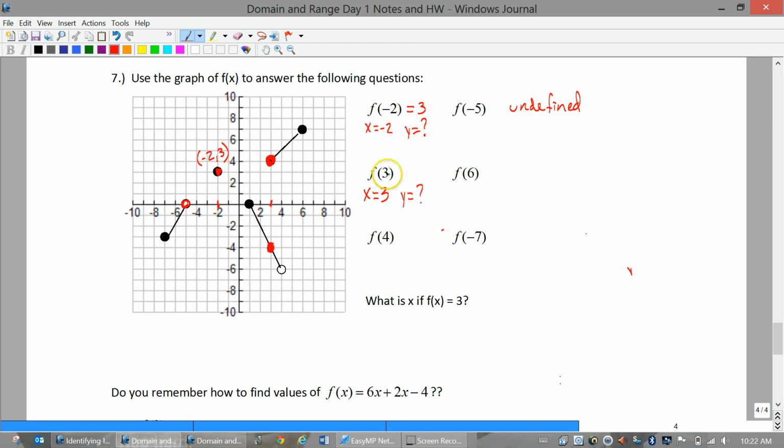Yep. -4 is one of them. Or what's the other number? +4 in this case, right? There's 2, which is weird. If you're thinking it, this is not a function, is it? Because the vertical line hits it more than once at that spot. So it's not a function, no.